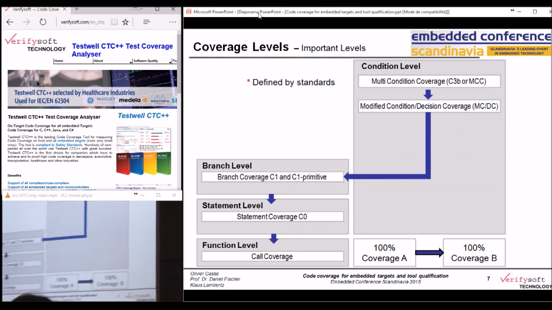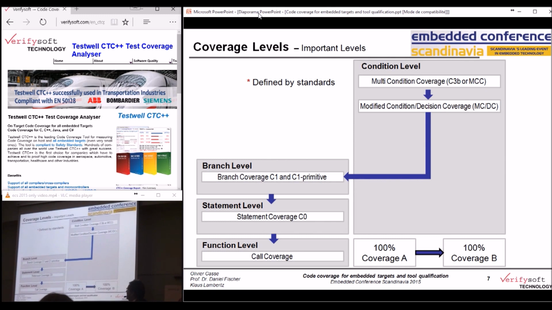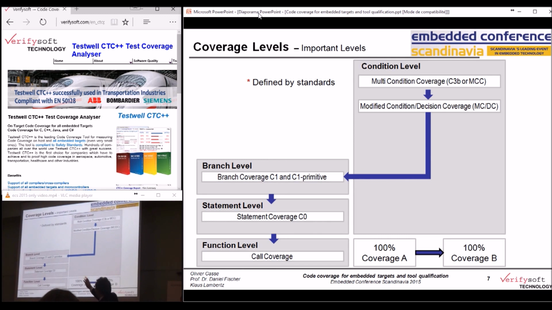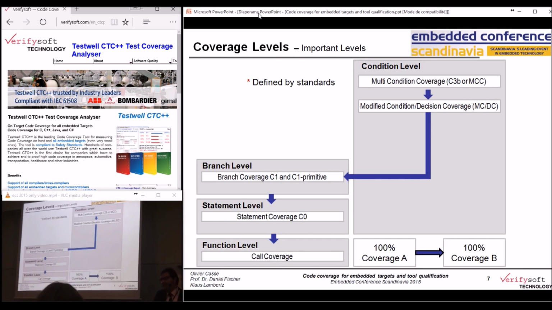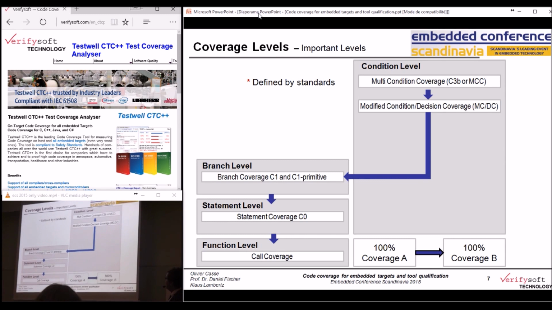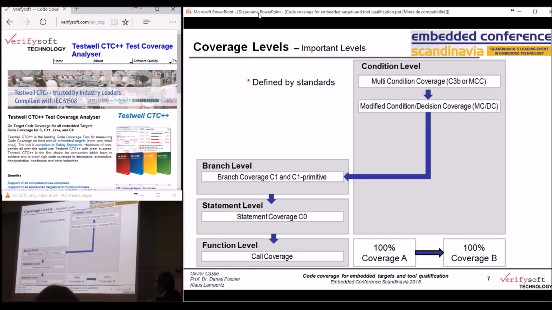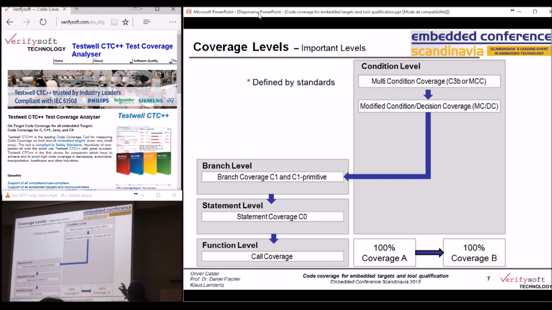And this is where we focus for safety critical projects, because these are the levels requested by safety standards. And I have a couple of slides explaining this very soon. So we need to focus on function, statement, branch levels for, let's say, the simplest levels.